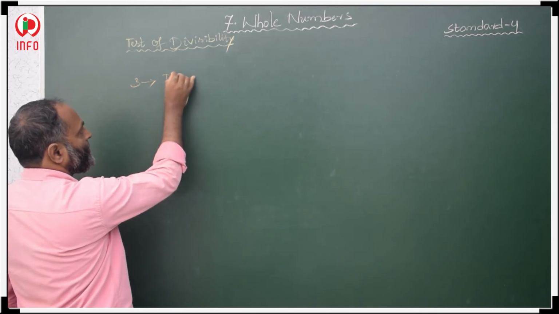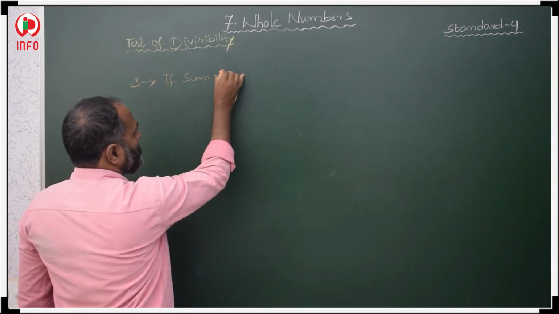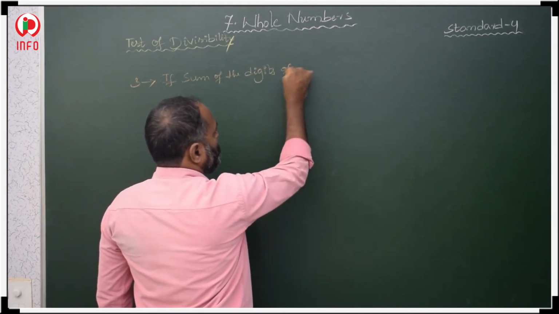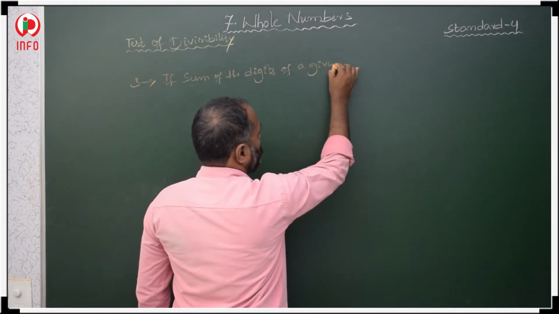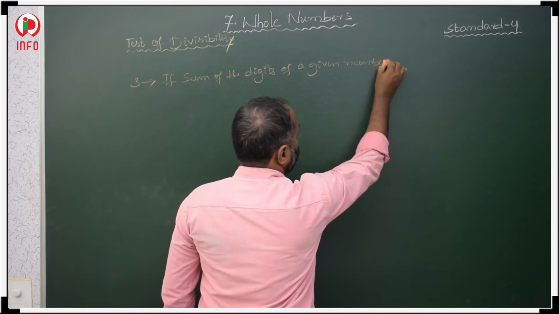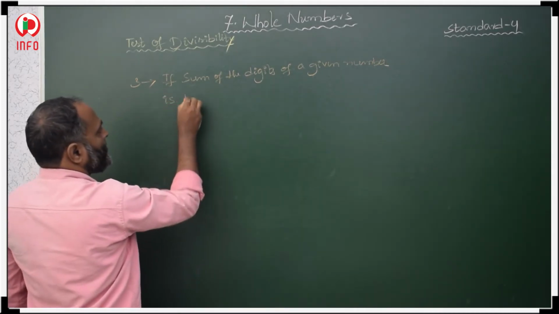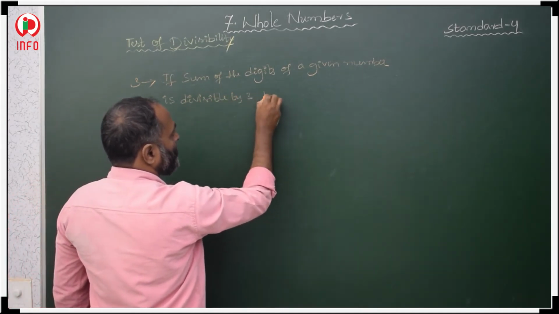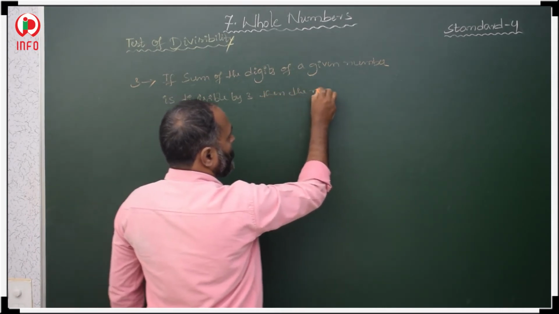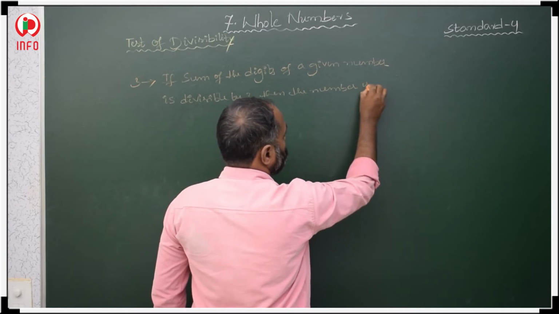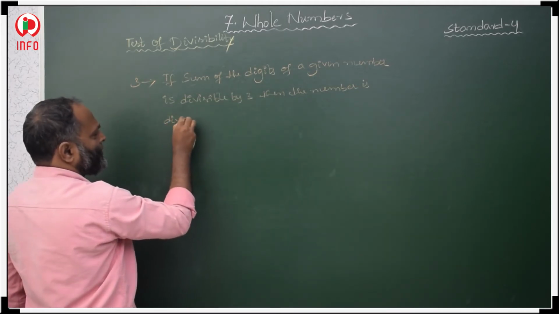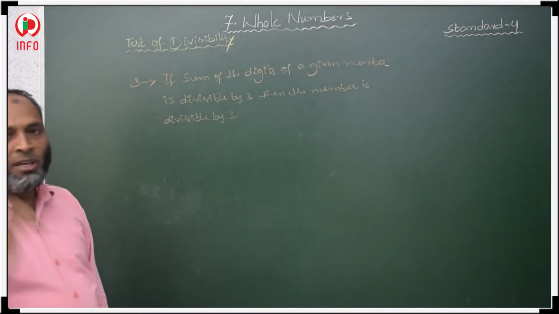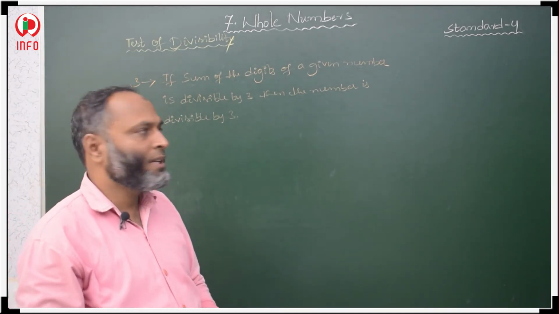If the sum of the digits of a given number is divisible by 3, then the number is divisible by 3.